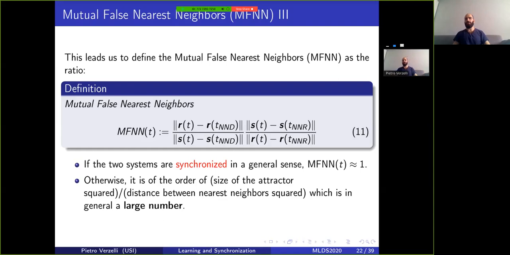And so what's the property of this measure? If the two systems are synchronized at that time, this measure would be almost 1, or of the order of 1. Otherwise, if they're not synchronized, it would be a really large number, given by the size of the attractor squared divided by the distance between nearest neighbors squared. Okay, so we have a measure that accounts for the synchronization. When it's small, the system is synchronized. When it's large, they're not. And of course, this is valid time by time. So what you do is you take a time average over the whole trajectory of the attractor and see what's happening.